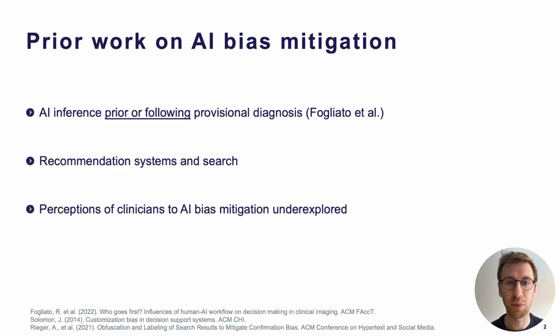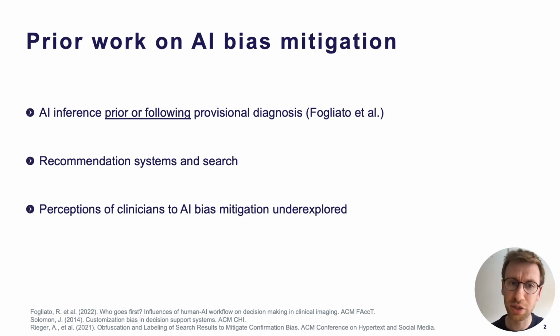If we take a look at prior work on AI bias mitigation, first of all, we find evidence that clinicians are subject to cognitive biases. Fogliato and colleagues find that when analyzing X-ray images, clinicians that are presented by an AI recommendation before they make their own assessment are much more likely to align with the AI suggestion, rather than their colleagues who first arrive at their own assessment.